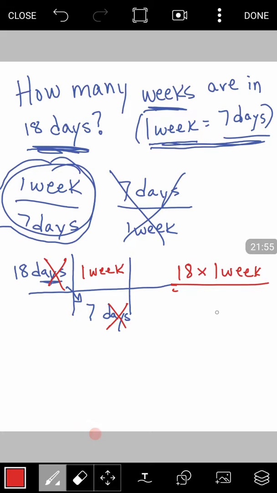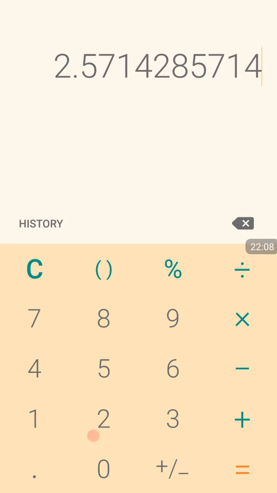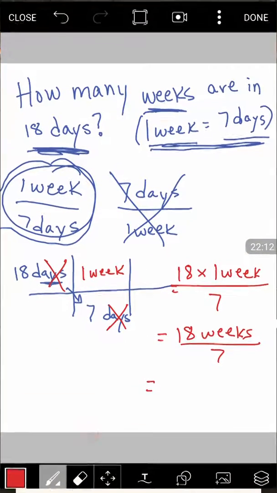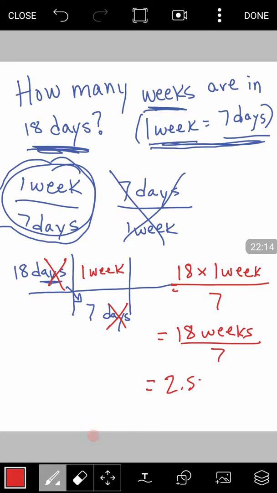And on the bottom, we just have the number 7. 18 times 1 week is 18 weeks. And on the bottom, you have 7. And you can do 18 divided by 7. 18 divided by 7 is about 2.57. So the answer, 2.57 weeks.